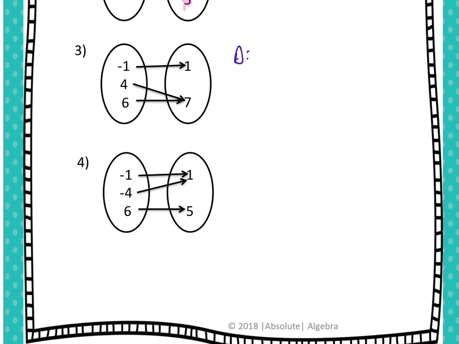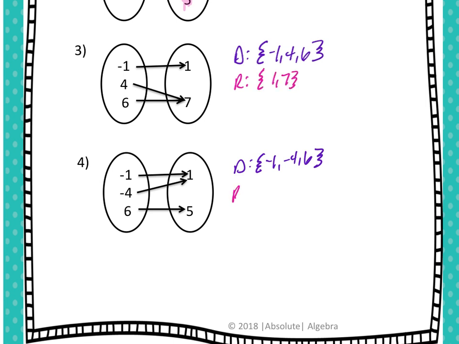The domain for this is -1, 4, and 6. I'm just going to do the domain here since I've got the purple out. -4, -1, and 6. And then the range for this one would be 1 and 7. And the range for this one would be 1 and 5. Nice job, you guys.